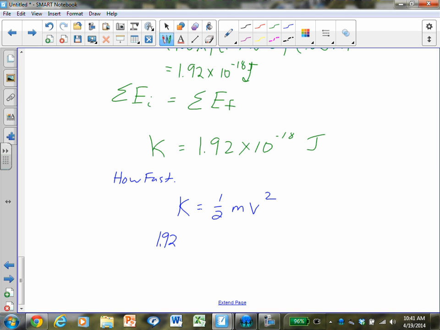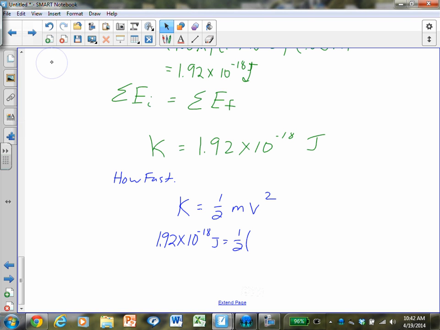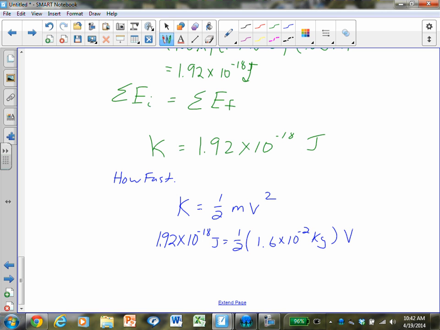So 1.92 times 10 to the minus 18 joules equals 1/2 the mass of a proton, which I'll have to look up, 1.6 times 10 to the minus 27 kilograms, times v squared.